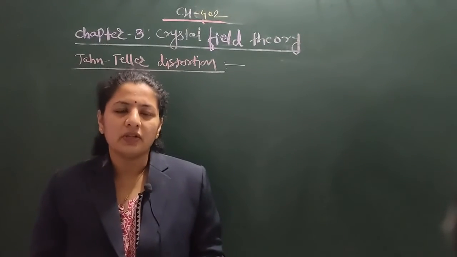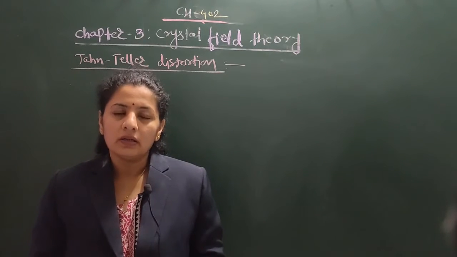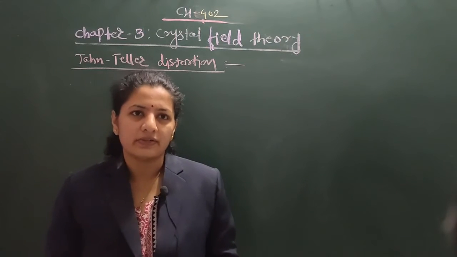Distortion of a highly symmetric molecule into an unsymmetrical distribution in its ground state and excited state is known as the Jahn-Teller effect.